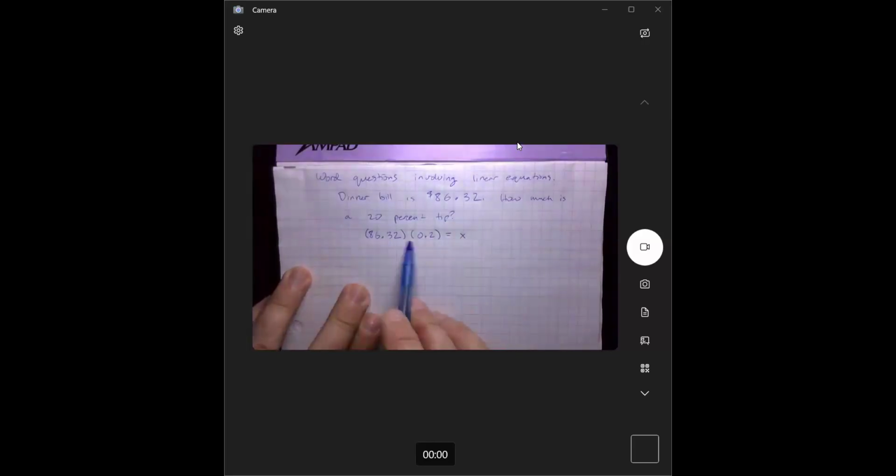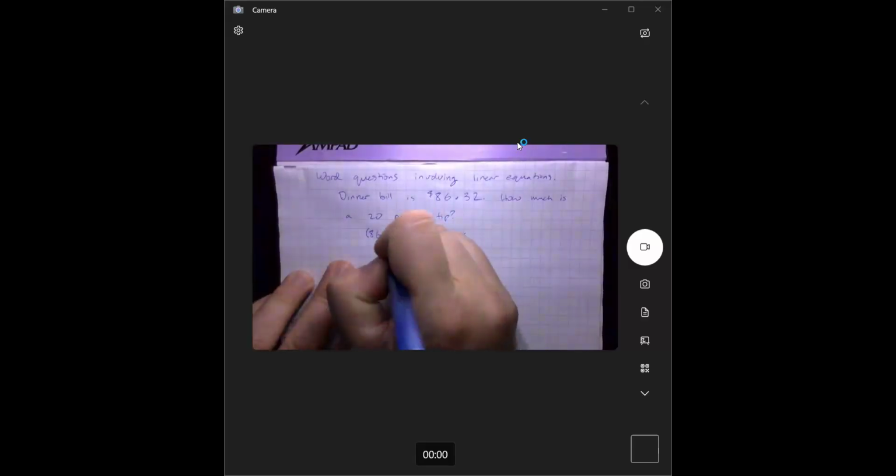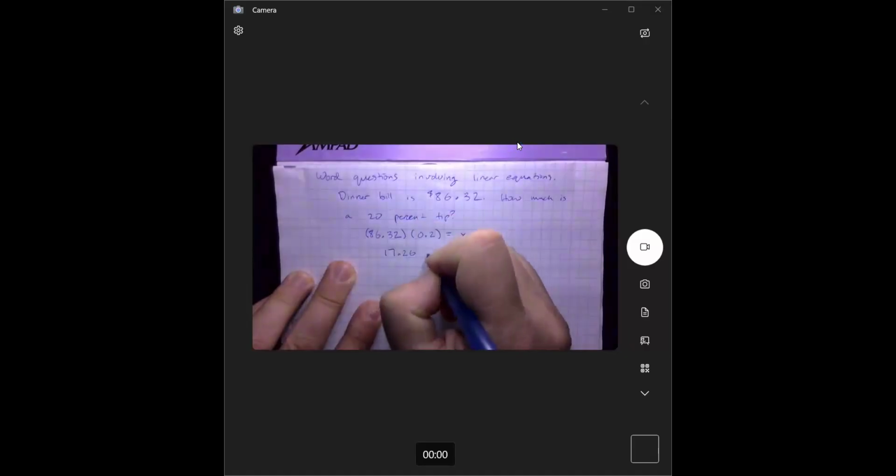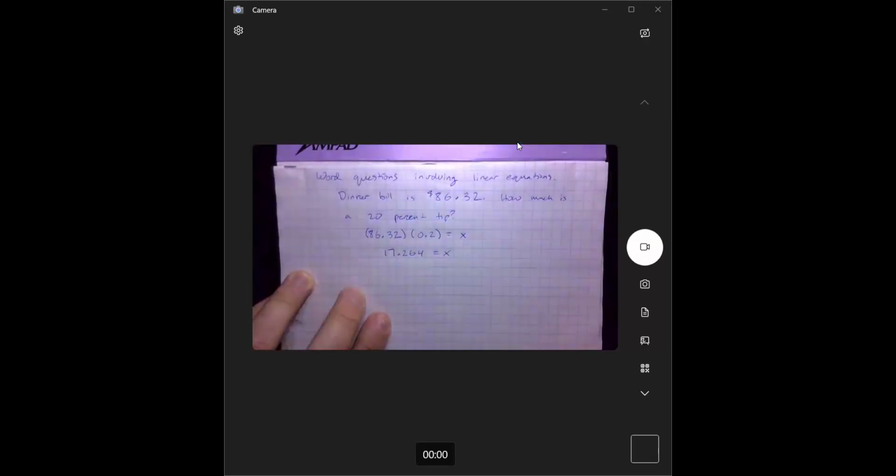So this is not actually an equation that we're solving. This is a mathematical expression that we are going to evaluate. 20% of 86.32. I'm going to grab my calculator for this. It is 17.264 approximately, equals x.